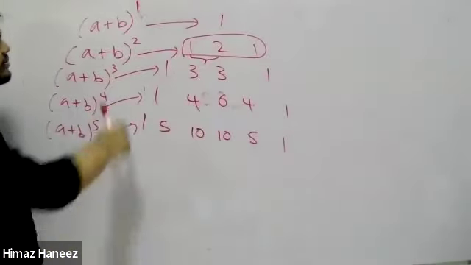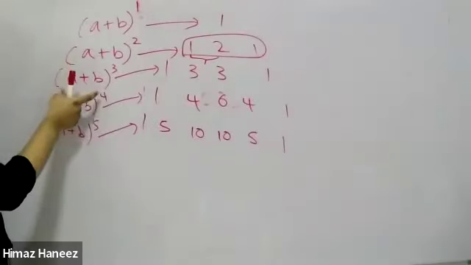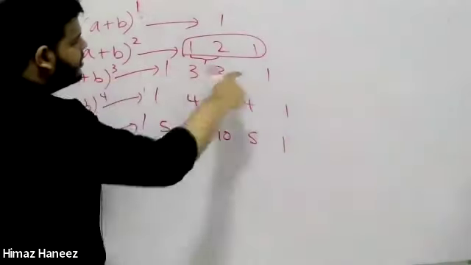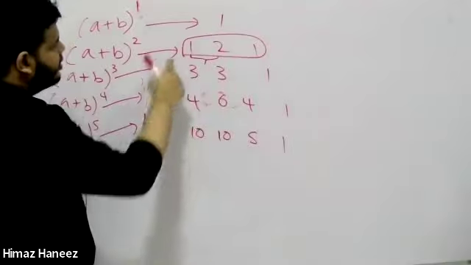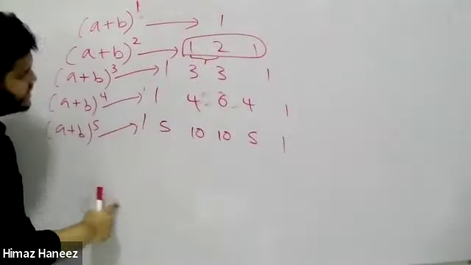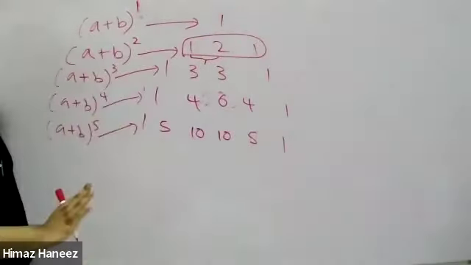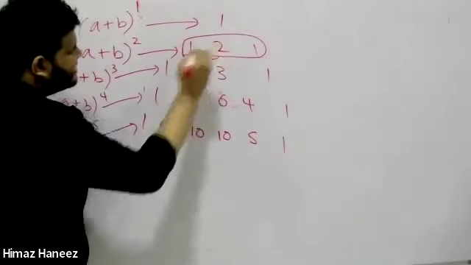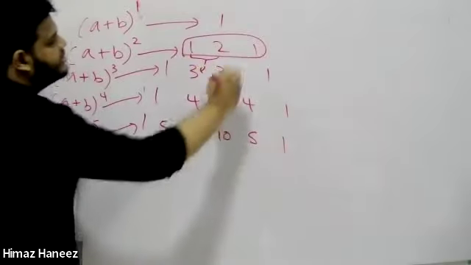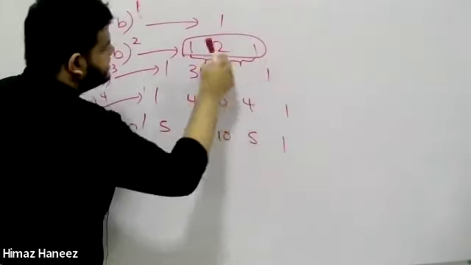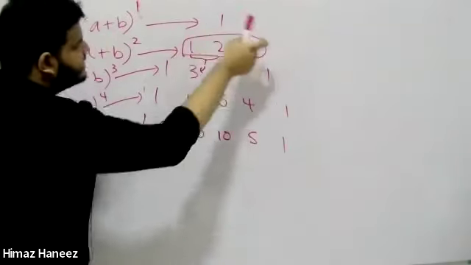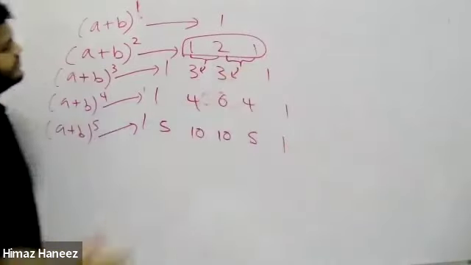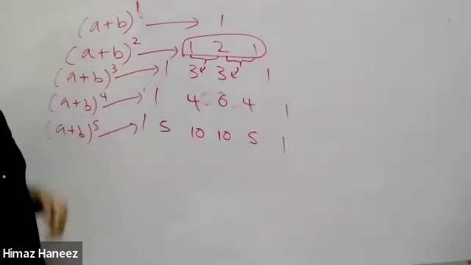Now for (a + b) cubed there should be 4 numbers. Always on the right hand side and the left hand side, the number is 1. So in the middle there are 2 terms. You add first and second term, then second and last term, and get this. Correct, no? Let's check here.